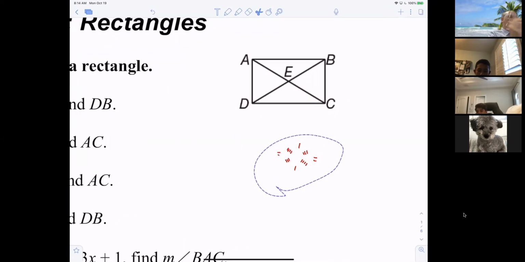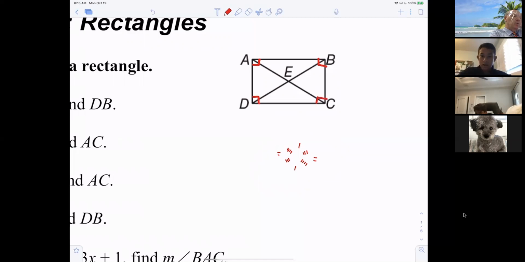Now, if angle A is a right angle, and we know that angle B is a right angle, then how do I show that the diagonals are congruent?